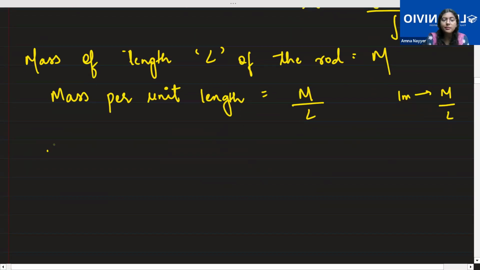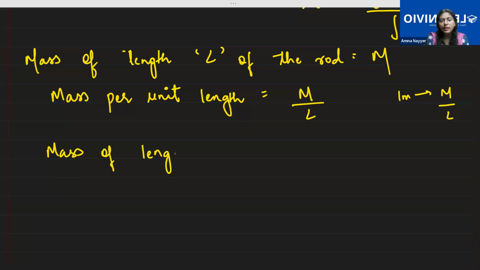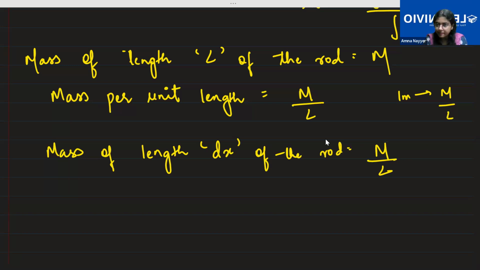I want to know the mass of length dx of the rod. Dx means I have taken a very small portion. So if for a unit it is M by L, then for the length dx it will be M by L dx. The mass of length dx is nothing but dm only.